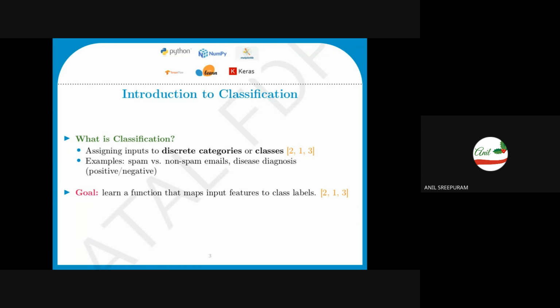And based on these values, a person can be classified into two categories. One category is a category of people who are suffering from arthritis. The other category is persons who do not have any arthritic issues. So we have two categories, arthritic and non-arthritic.